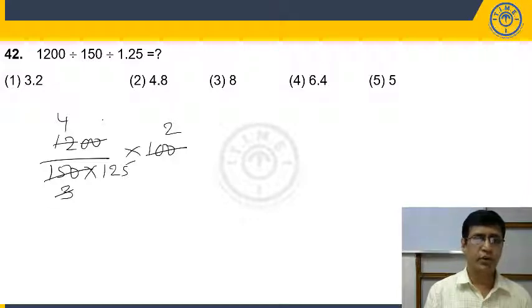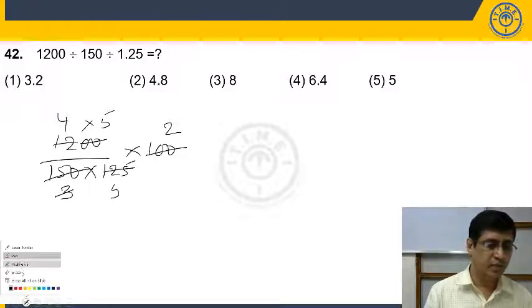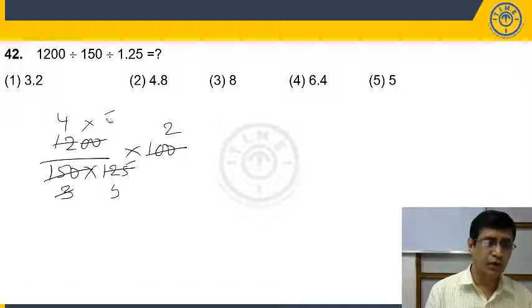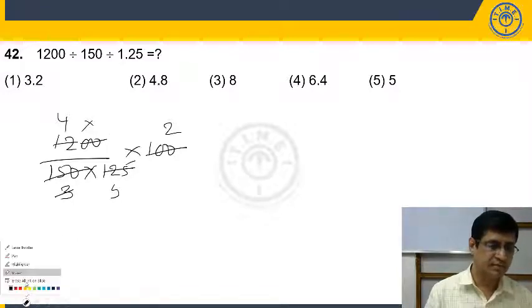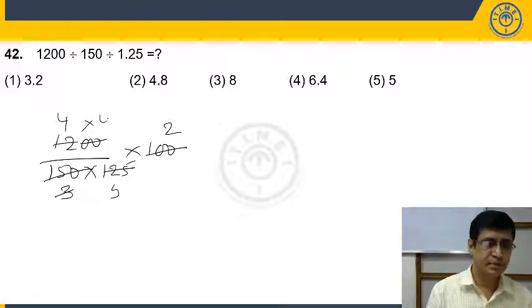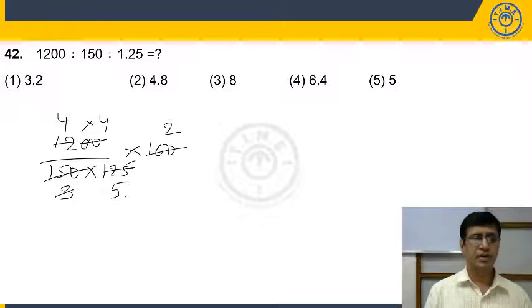In 125 it goes 5 times, and in the other it goes exactly 4 times. So what is the result? 4 into 4 into 2.